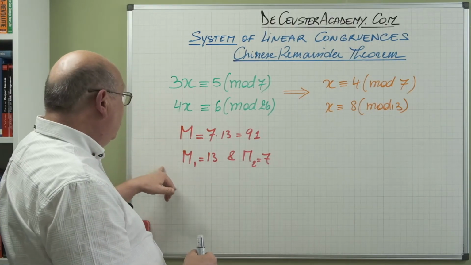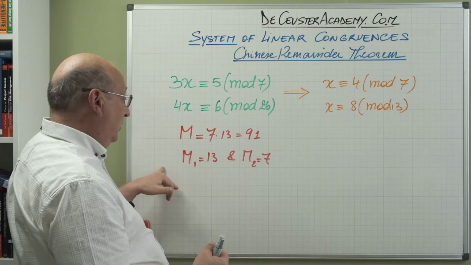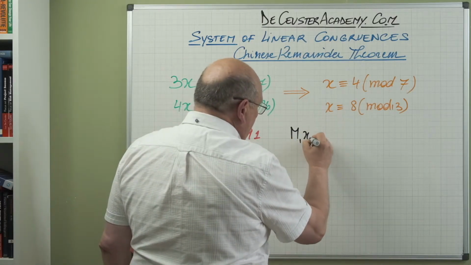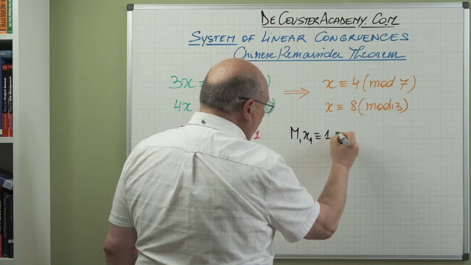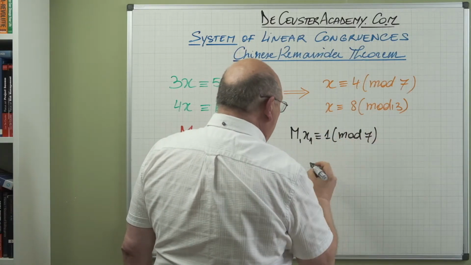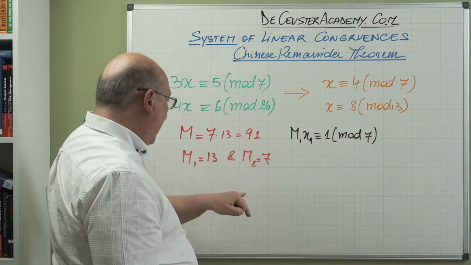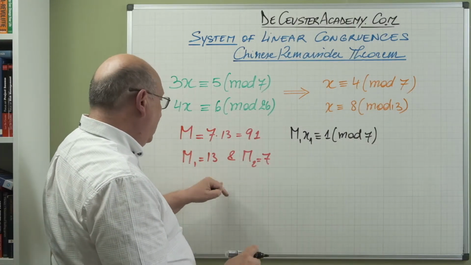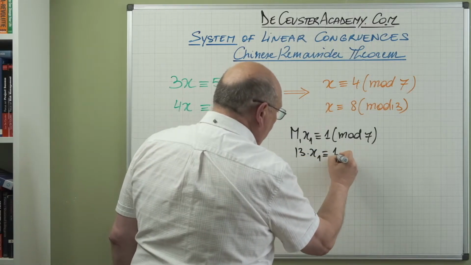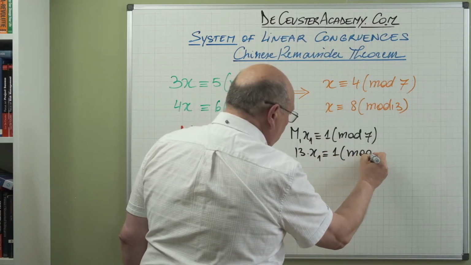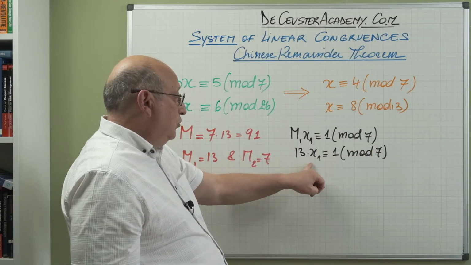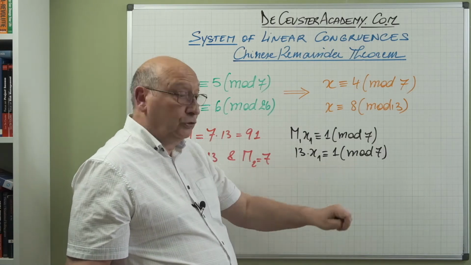Now, based on this, we can write the new expressions. We can say that we have m1 x1 is congruent with 1 modulus 7, and when we replace the values here, we have 13 times x1 congruent with 1 modulus 7, 13x1 congruent to 1 modulus 7.